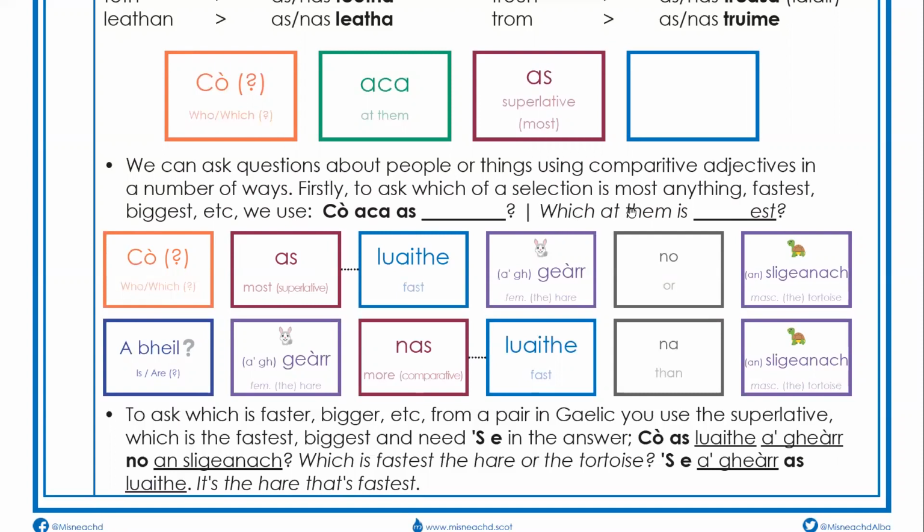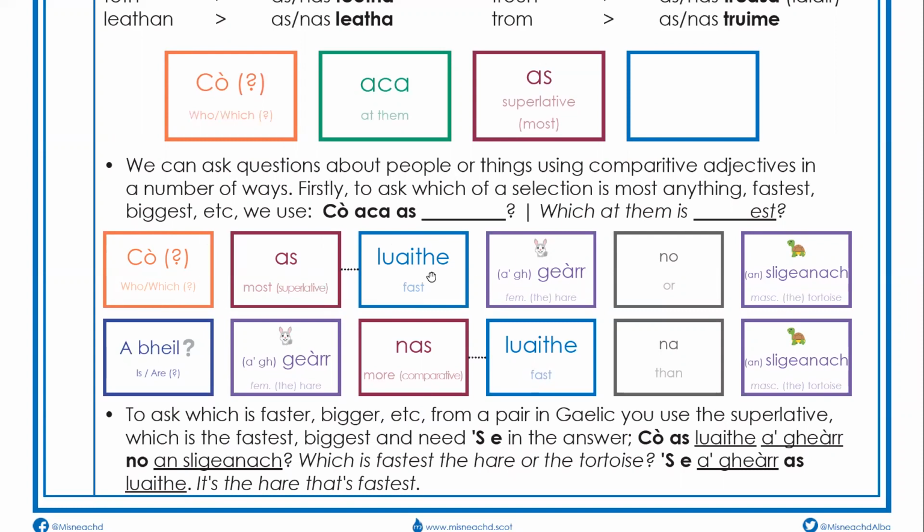Which of them is fastest. So we can also ask co as luia, so who or which is fastest. Co as luia, which is fastest. Fheàrr, no, and slíochnaigh. So which is faster, the hare or the tortoise?